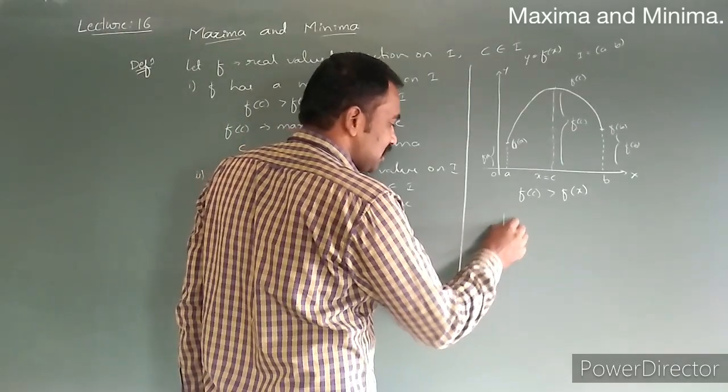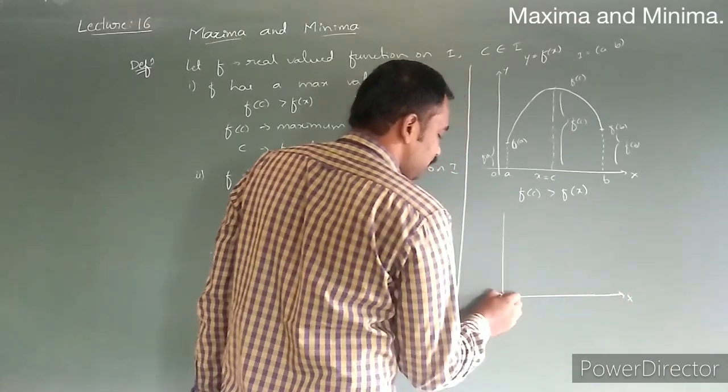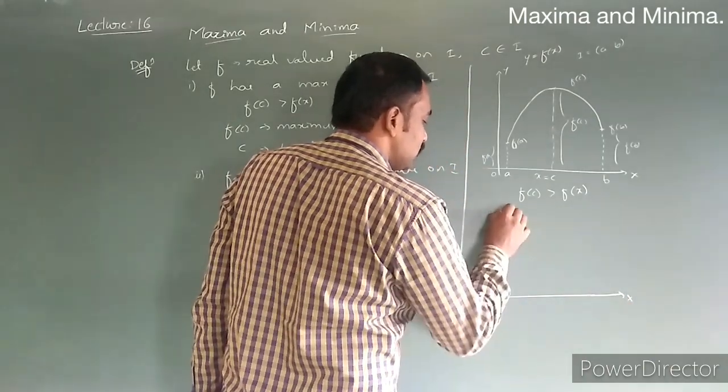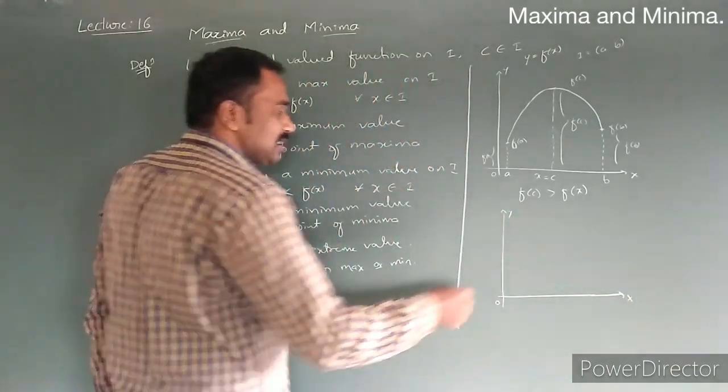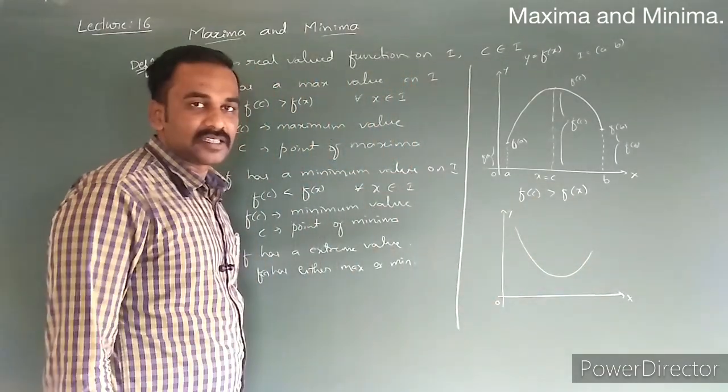Now come to the second thing. Suppose in an xy coordinate plane, I consider y is equal to f of x might be like this.